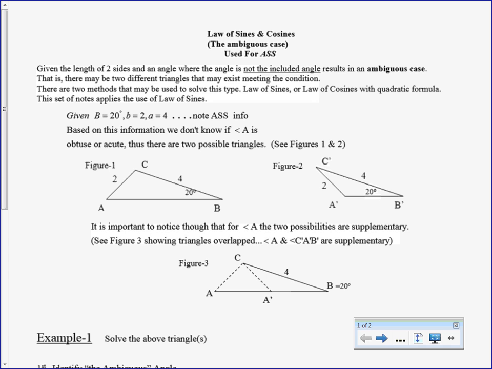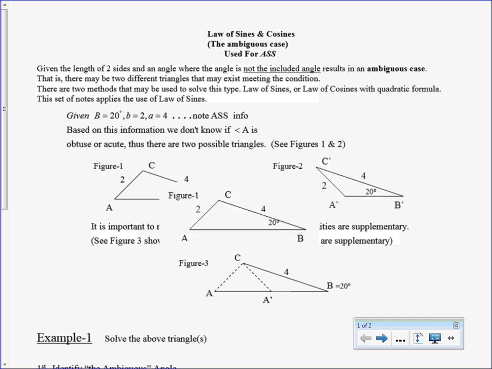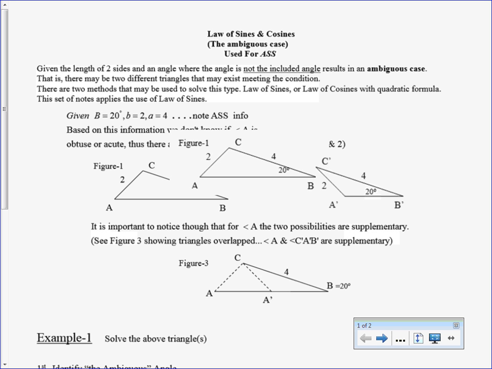Okay, I want to know, how does this angle A relate to this angle, which we call A prime? It just means like the second A. So I want to know, how do those relate to each other? So, as I always say, somebody sat in a room and did a lot of math, and they figured out that if I overlap these triangles, look at figure 3 here.